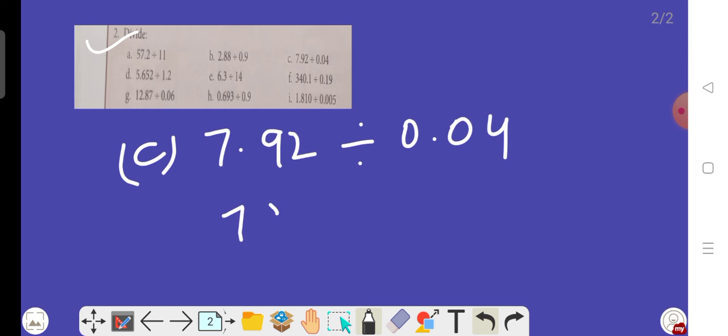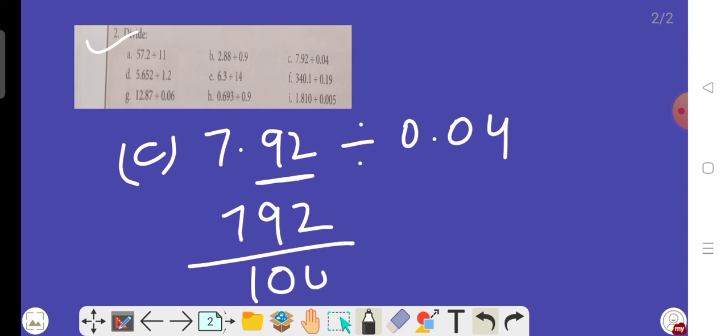Firstly you have to remove the decimal point. Okay, here we have 2 digits after the decimal, so we have to divide by 100. Again we have 2 digits after the decimal point, so we have to divide by 100 again.